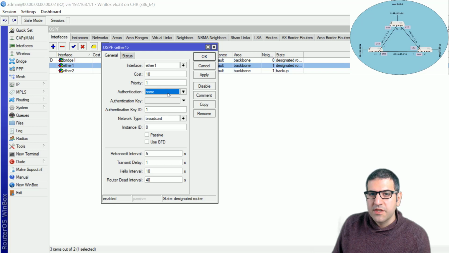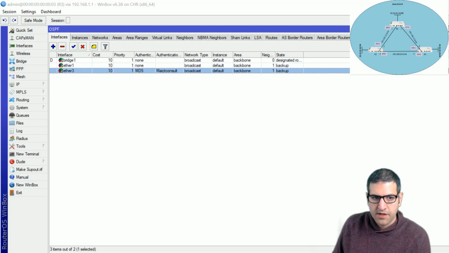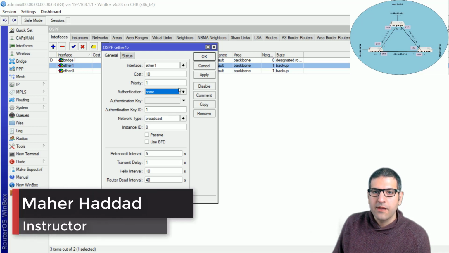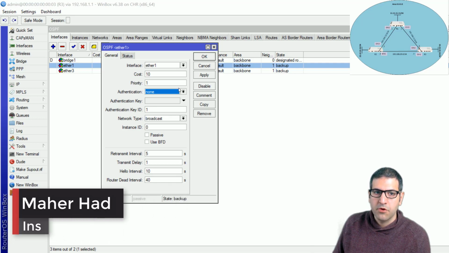Because we didn't change the authentication on this interface of router 2, and this is router 3 now, if I go to Ethernet 1, we didn't change the authentication either, so both of them are set to none. That means they can form neighborships because the authentication is not there. That's the reason why both routers have neighborship, because there is no authentication on both of them.